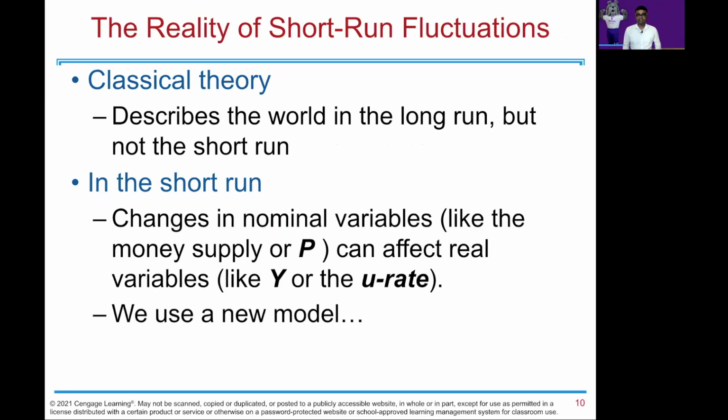The reality of short-term fluctuations is that most economists believe classical theory describes the world in the long run, but not in the short run. So in the short run, changes in nominal variables like the money supply or P can affect real variables like Y or the unemployment rate.